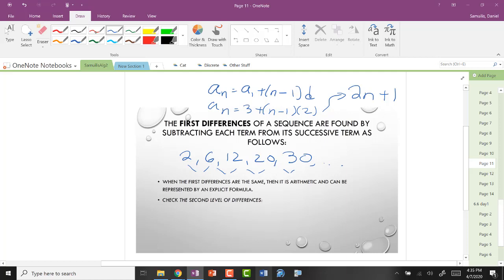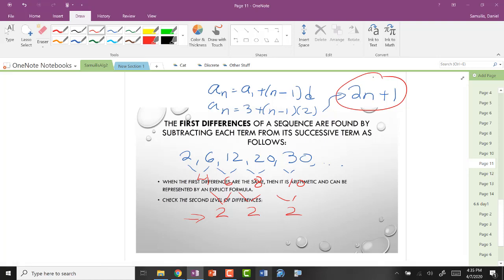I got a 4, then a 6, then an 8, then a 10. If I take the differences again, I end up with a common difference, hence a second level common difference. So instead of a linear function, they are in terms of a quadratic function.